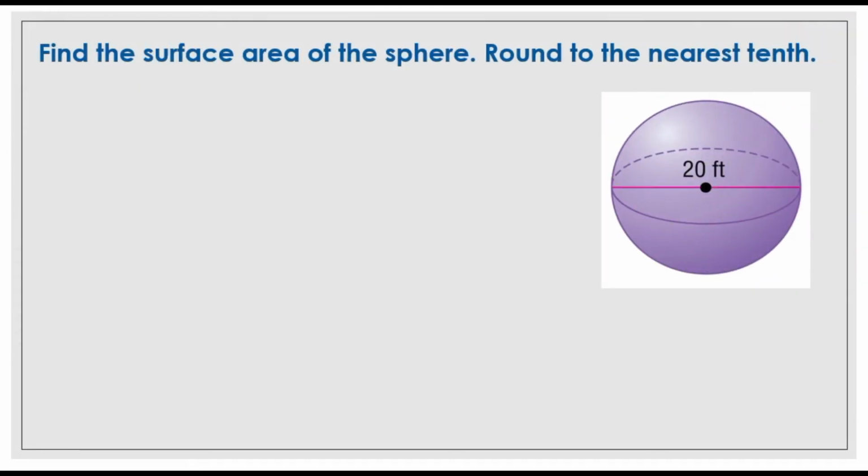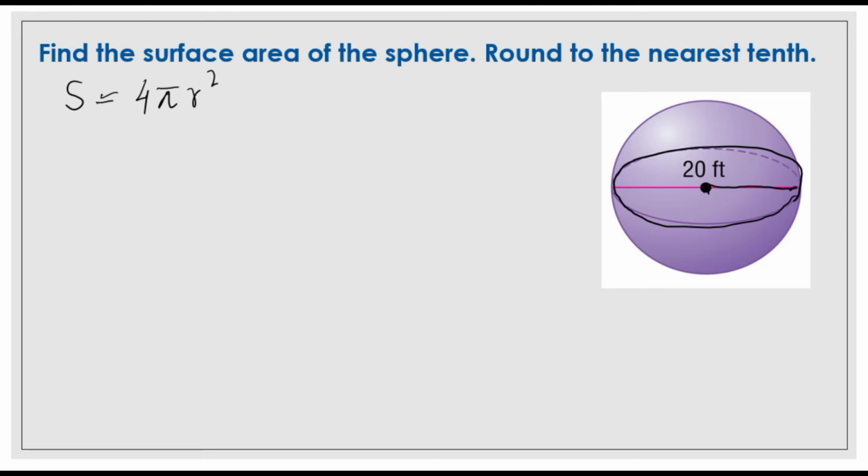Find the surface area of the sphere, rounded to the nearest tenth. Here we have a sphere with the great circle. There are many circles here, but the circle that is the greatest one is called the great circle, and we take the radius for that circle. You can see the great circle has a diameter of 20, and the formula for the surface area is S equals 4 pi r squared. 4 and pi are constants.